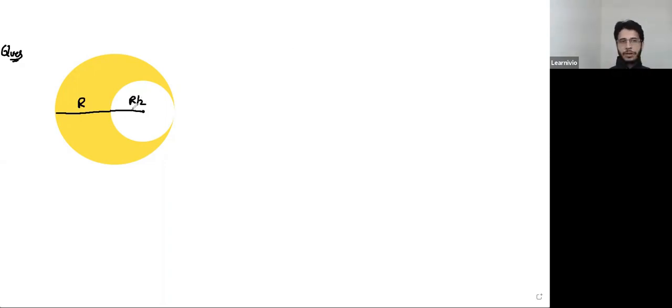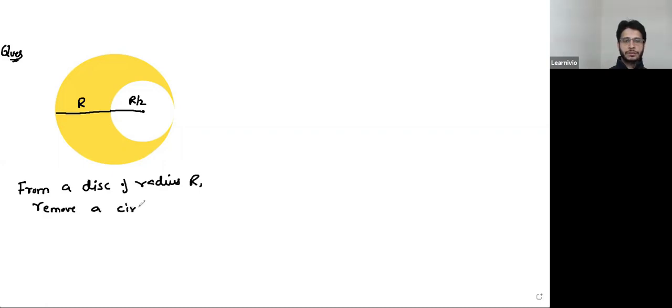Now I'm supposed to calculate the center of mass of the remaining disk. So from a disk of radius r and mass m, remove a circular portion of radius r by 2.